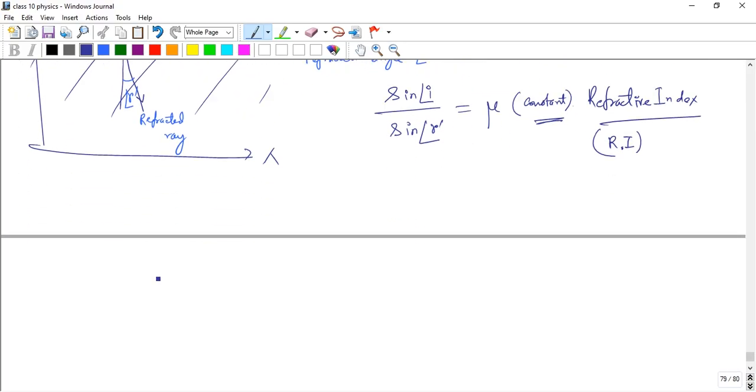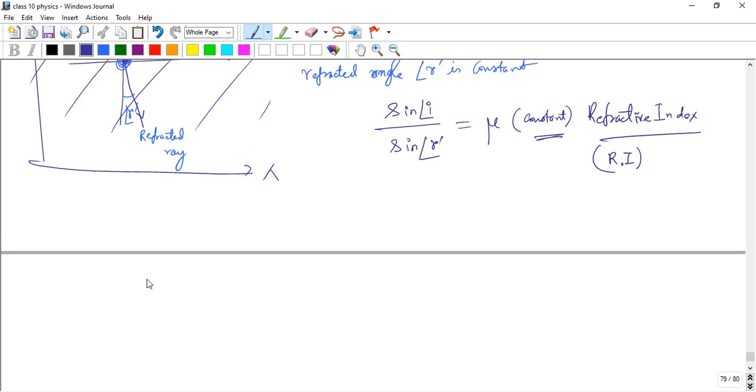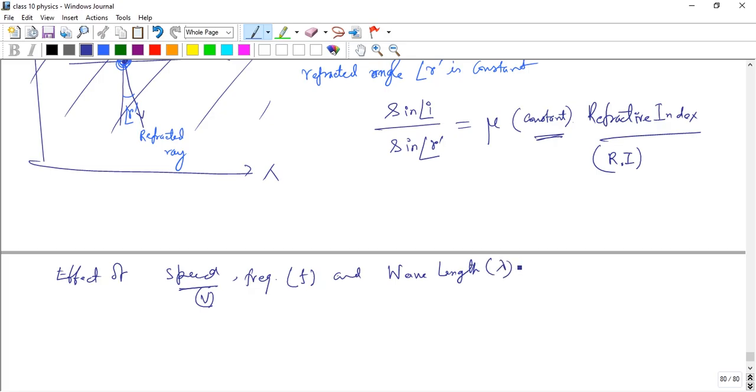Now, the effect of speed, frequency, and wavelength. Now the relation between, or effect of, speed v, frequency of light f, and wavelength lambda.